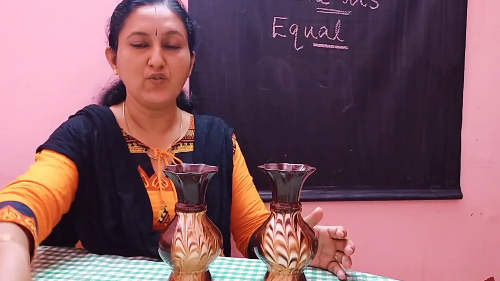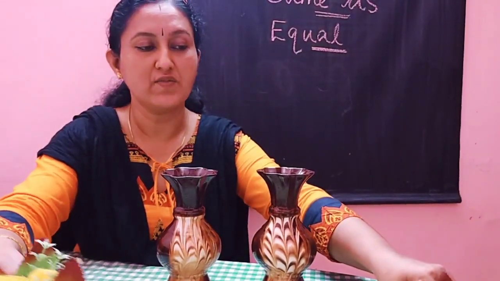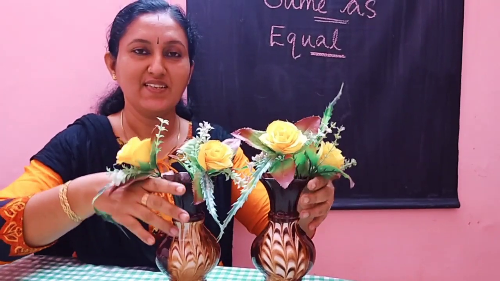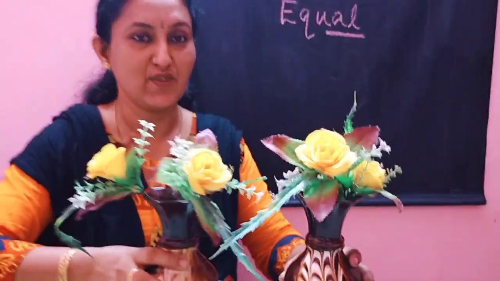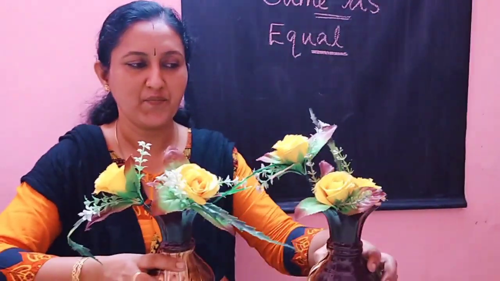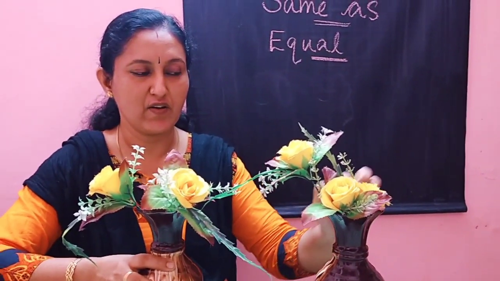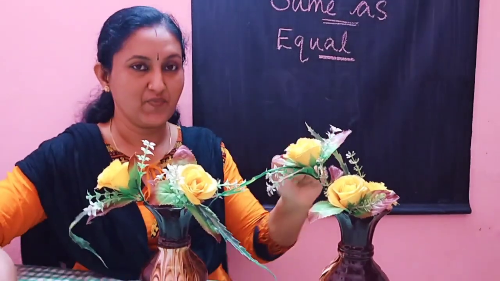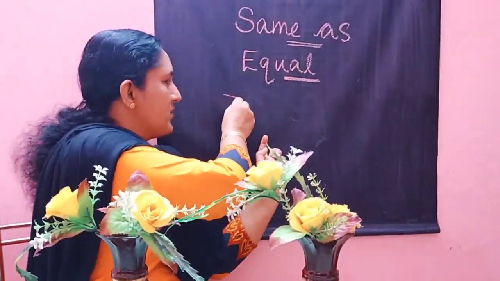Now I am going to fill these flower pots with some flowers. Can you help me to count how many flowers are there in each flower pot? Okay, start. Here in this flower pot, 1, 2, 3 flowers. 3 flowers.